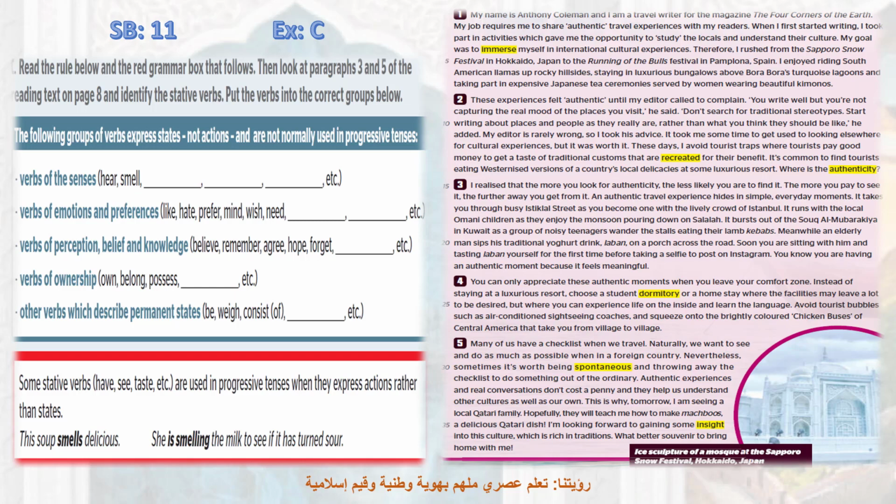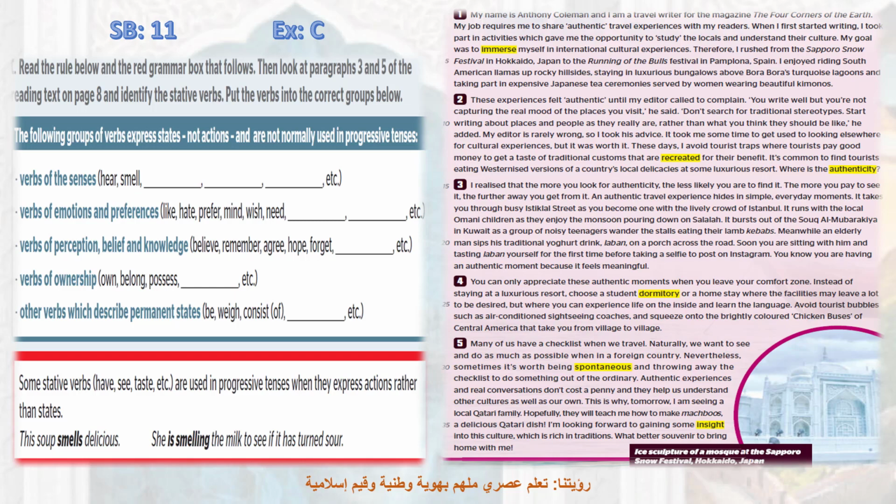Now let's spot the stative verbs in paragraphs 3 and 5 of the reading text on page 8. Here we can see the types of stative verbs. Number 1, verbs of the senses, like hear, smell. We have here 3 missing verbs in paragraphs 3 and 5.